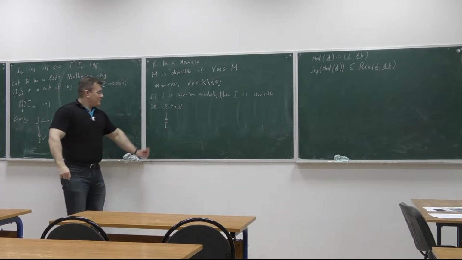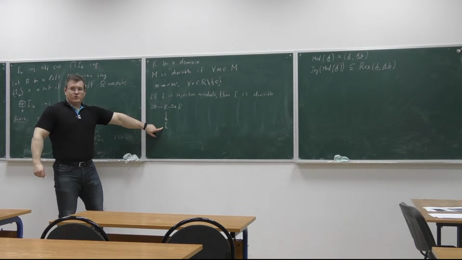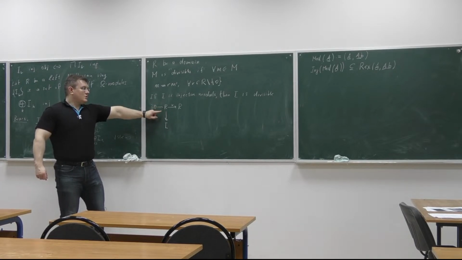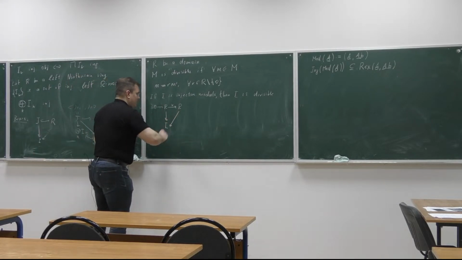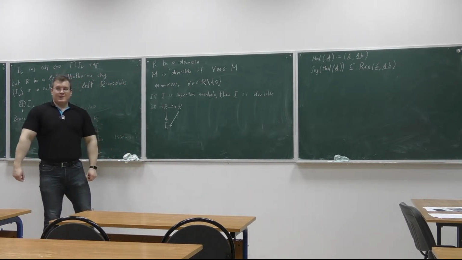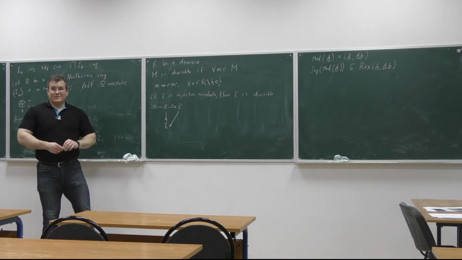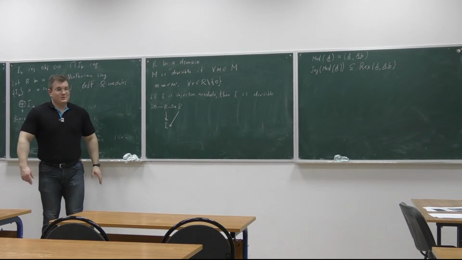So take a map from the ring to the injective module. Since this is just a free module on one generator, this map is completely determined by where one of the ring is going. So now you know that for injective, you have this extension. Just look at this diagram and you can see that this is divisible.